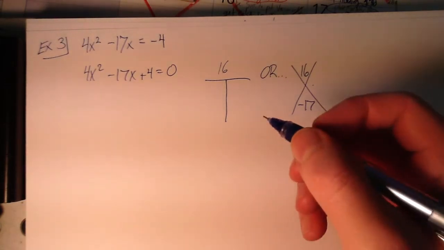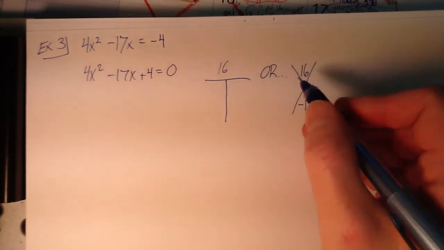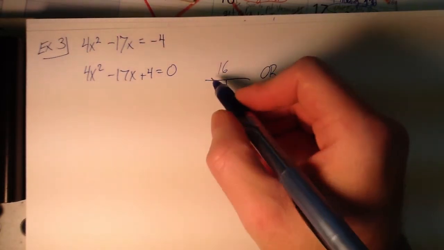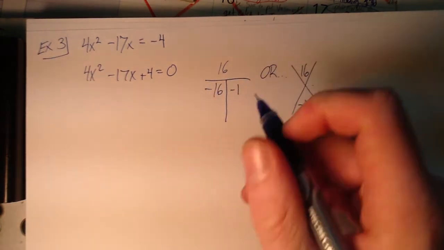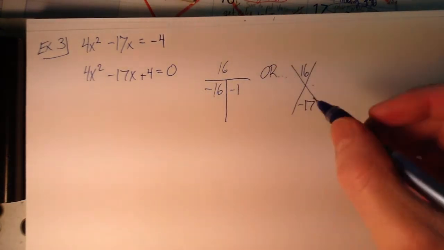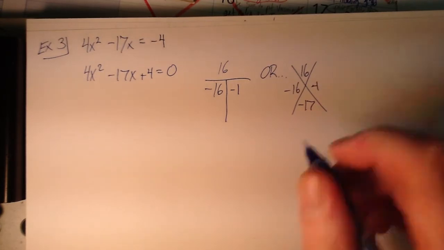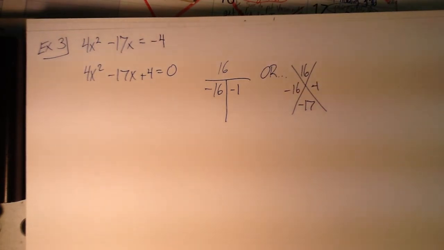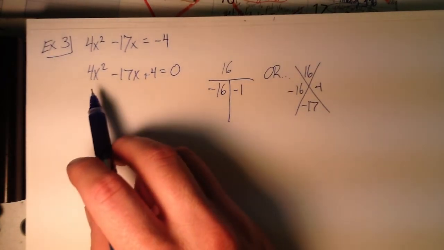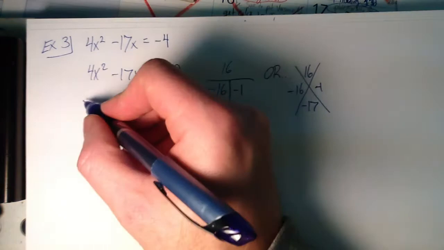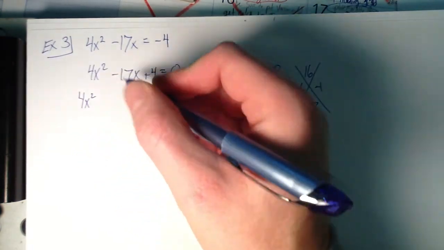Alright, now with factors of 16, to make it add to a negative, both have to be negative. Don't forget the number 1. In this case, negative 16 and negative 1 are going to work out. Now, if you went with the T-chart method, when you come back over here, you're going to have to do some grouping. So 4x squared comes down.